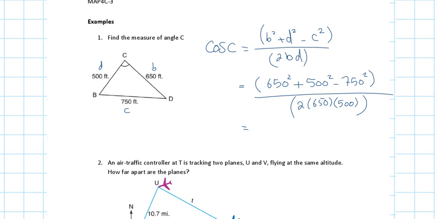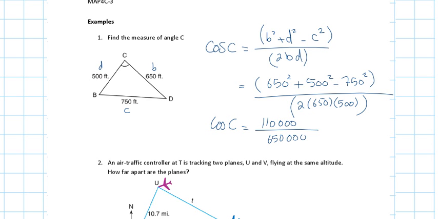Can you give me the answer of the top? What is it? 110,000. Divided by 650,000. Since you're looking for an angle C, what must you do?